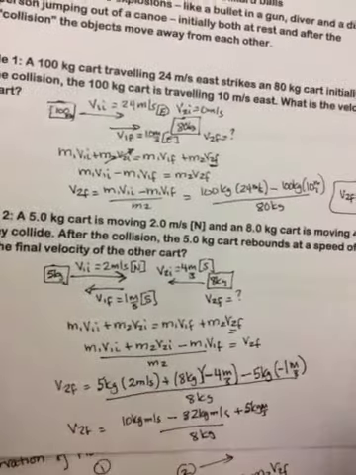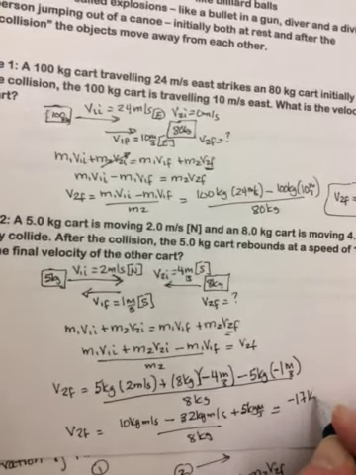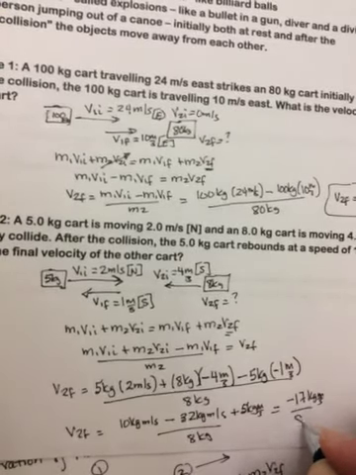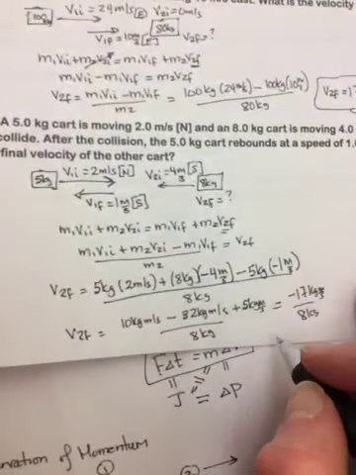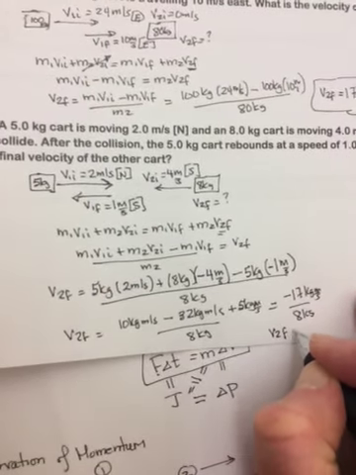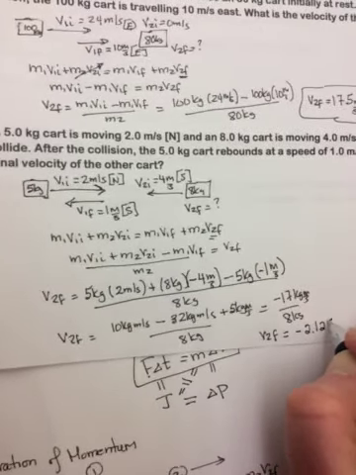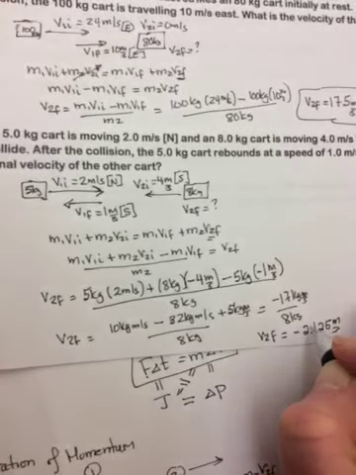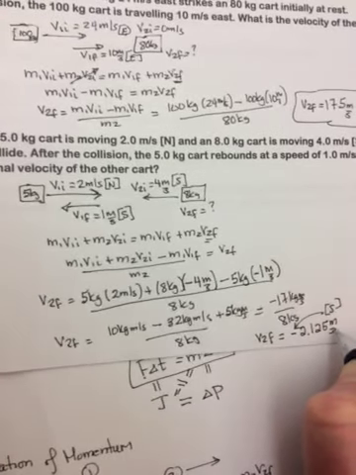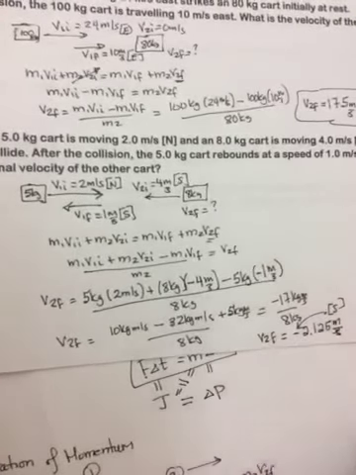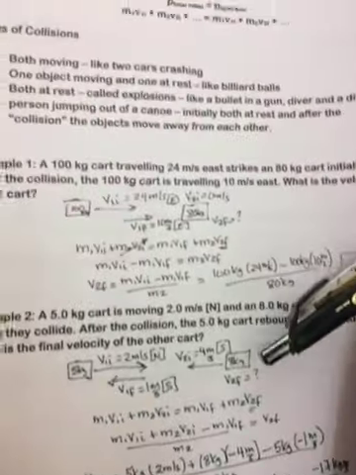On the top, you should end up with negative 17 kilogram meters per second over 8 kilograms. So you will get a V2F of negative 2.125, I think. And what does the negative mean? It means south. If I had enough room I'd write it at the bottom, but since I don't, I'm going to write it up there. Just like in all other physics, you have to tell me what the negative means, and in this case it means south.